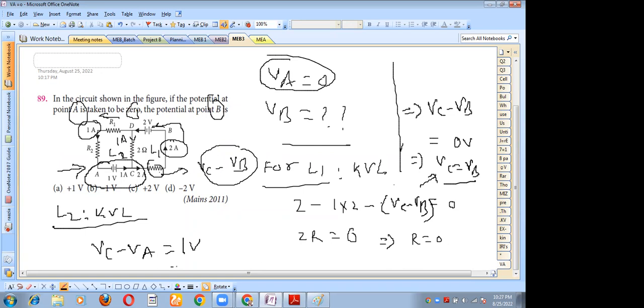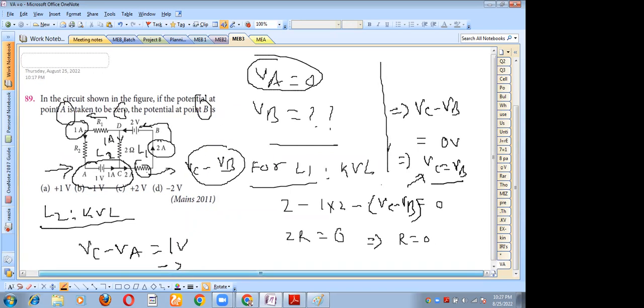So from here you can directly write Vc minus 0 equal to 1 volt. So Vc will be equal to 1 volt.